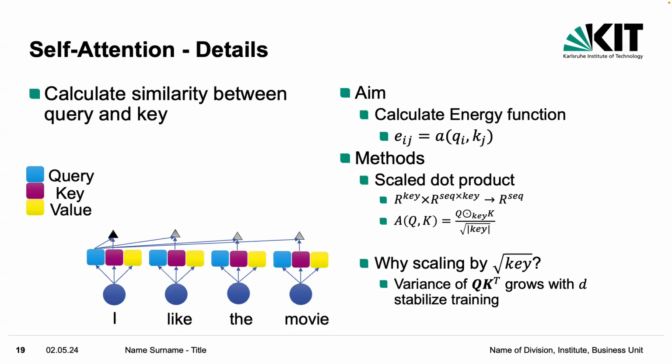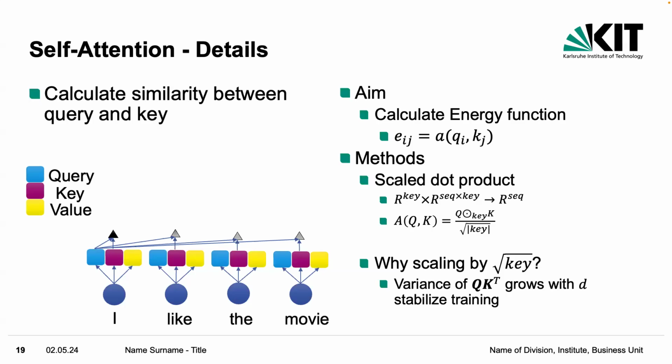And then as output, you get the similarity, which has the length of the sequence. So Q is one single vector. Then you have here a matrix of all the keys, which has sequence length times key dimension. You multiply them along the key dimension, and you get the similarity, which is the length of the sequence.